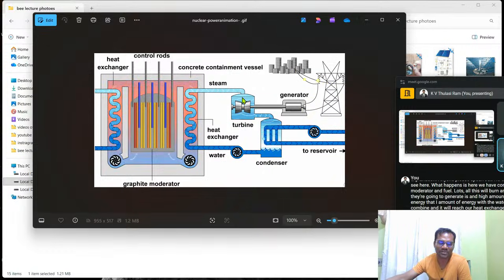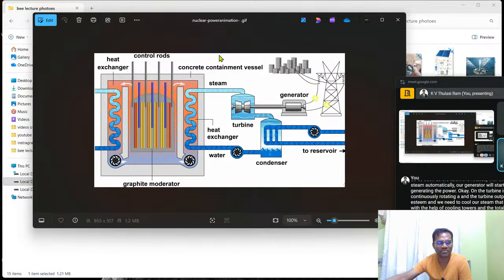As soon as the turbine is rotated with the help of steam, automatically our generator will start generating power. The turbine output is steam, and we need to cool it with the help of cooling towers, and the water will be sent back into the heat exchanger.